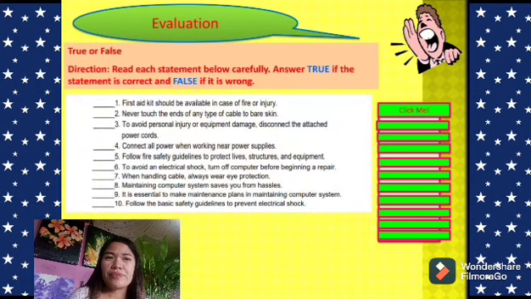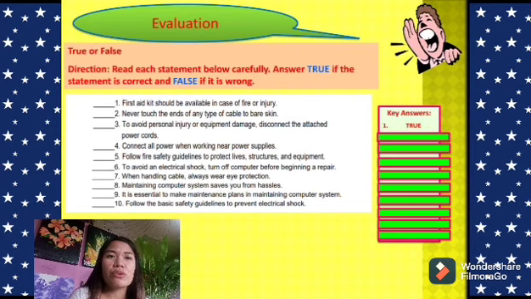So number 1, is it true or false? First aid kit should be available in case of fire or injury. Is it true or false? Okay, correct. It is true.